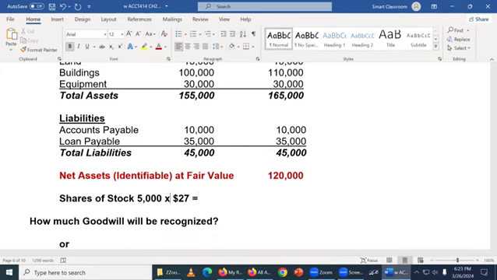So this is the consideration. 5,000 times 27 is 135,000.